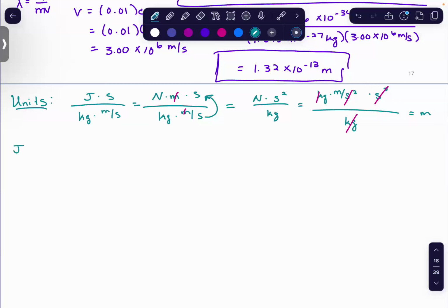So again, the joule is Newton meter, and the Newton is kilogram meters per second squared, times meters. So you could say that the joule is a kilogram meter squared per second squared. However you can latch on to breaking these units down, make sure you're working on that.